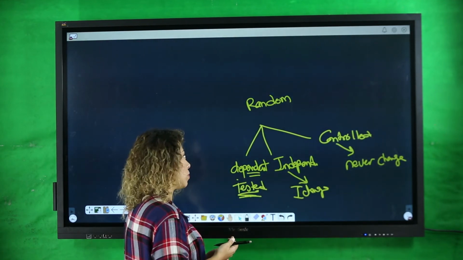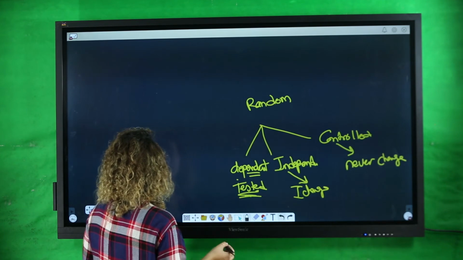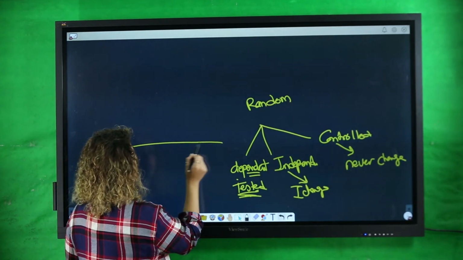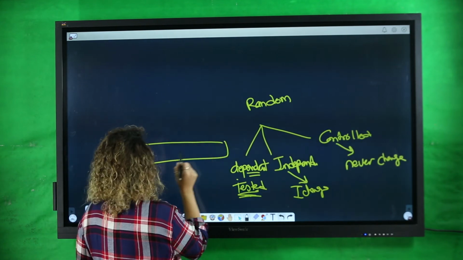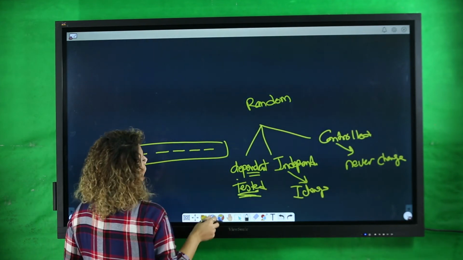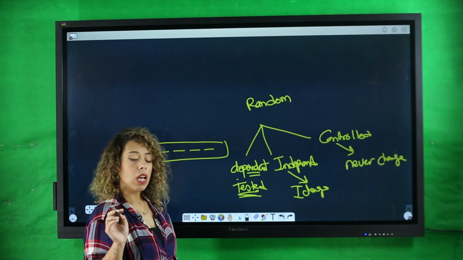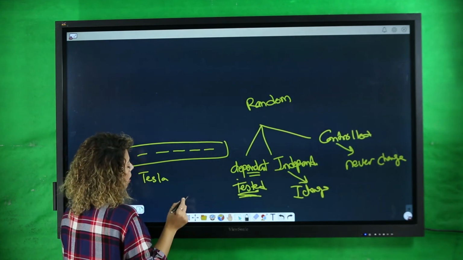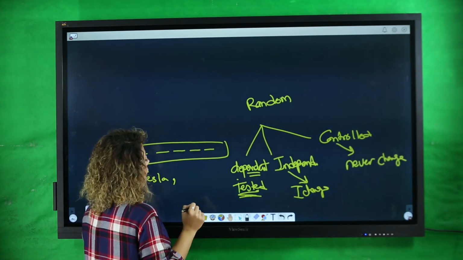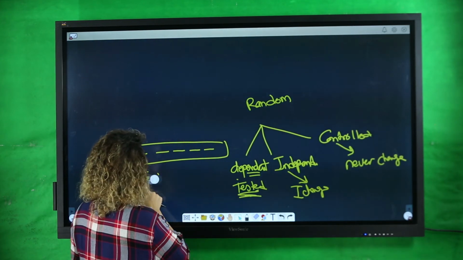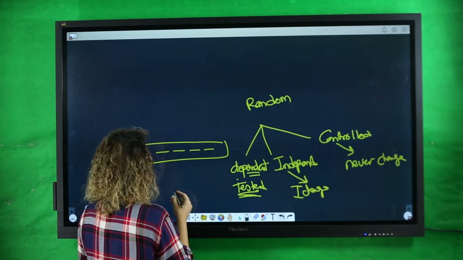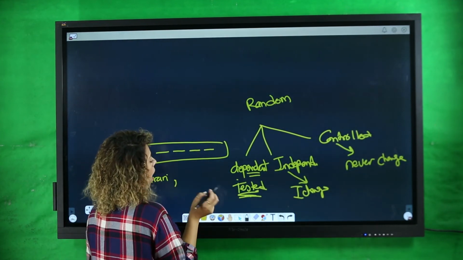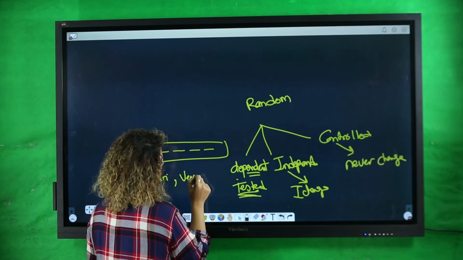Let's take an example. If I have a road, and I have two cars. I have a Tesla car, and I have, not a Tesla, a Ferrari, for example, and I have a Verna car.